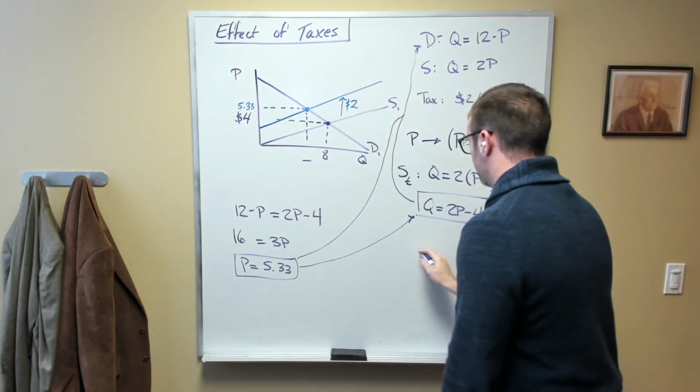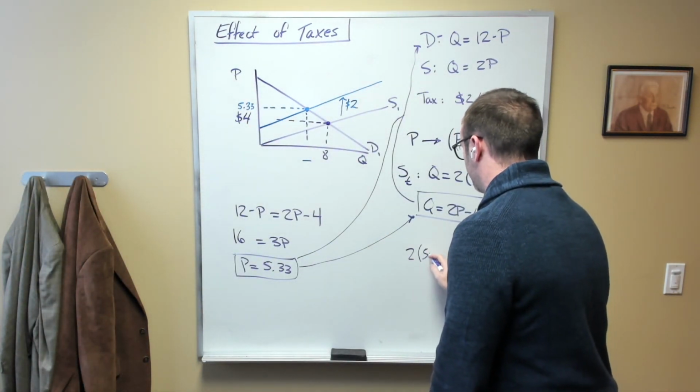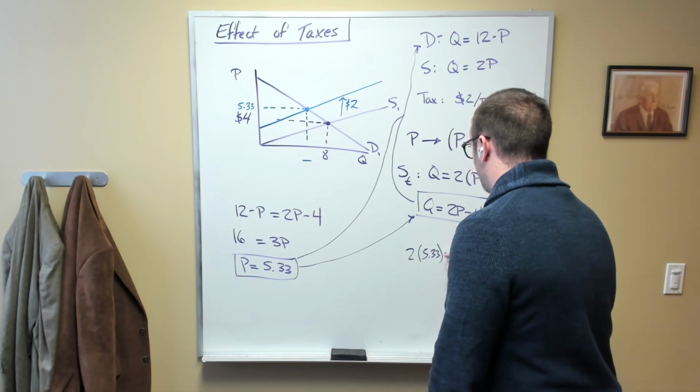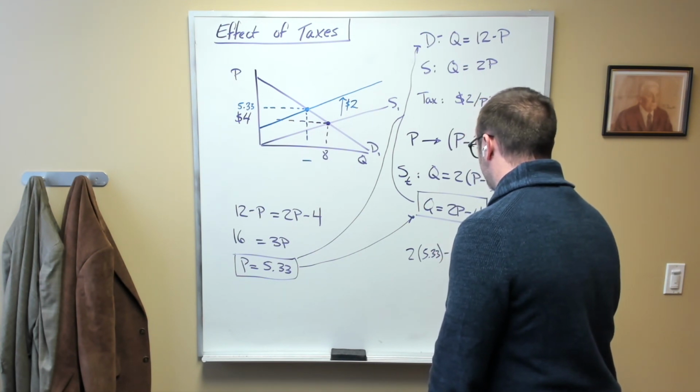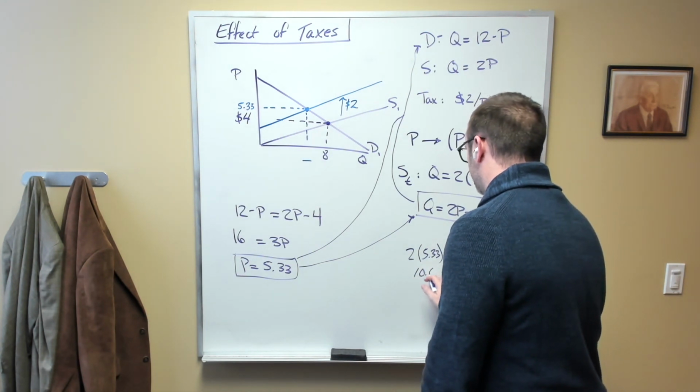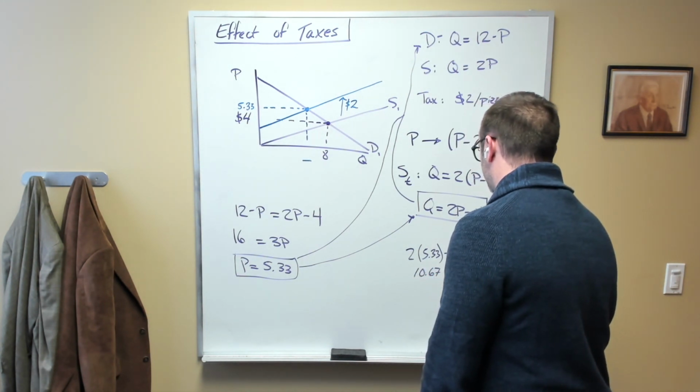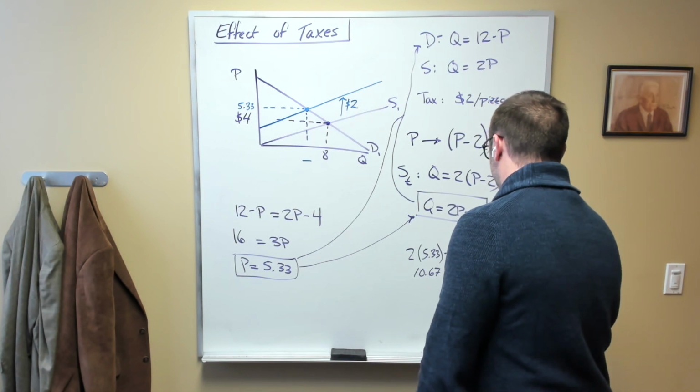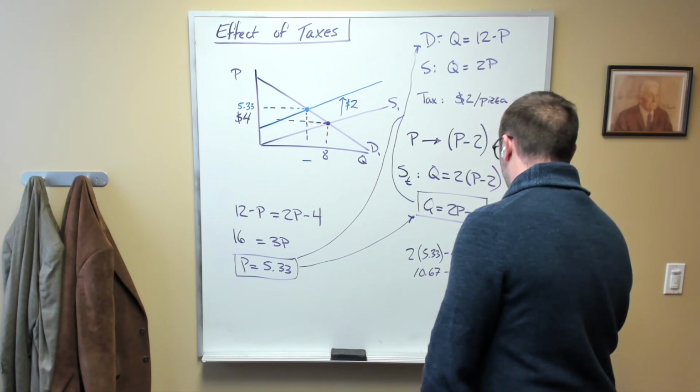So 2 times 5.33 minus 4 is going to be equal to 10.67 minus 4, which is equal to 6.67.